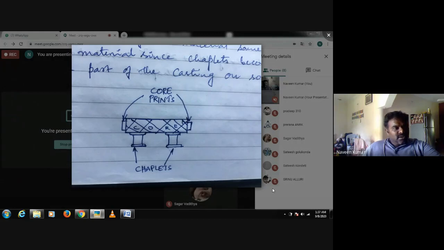Next. Complex cavities. Complex cavities are produced by using dry sand cores. Next point.